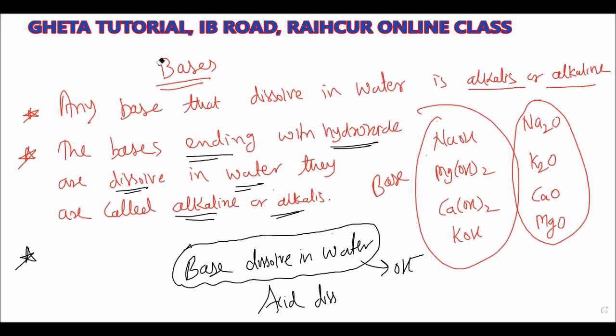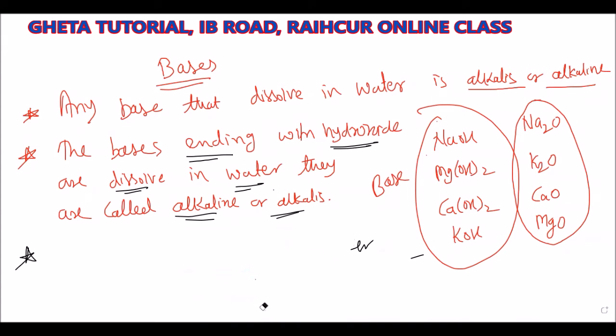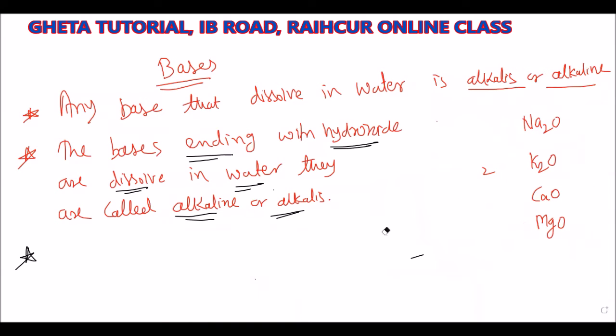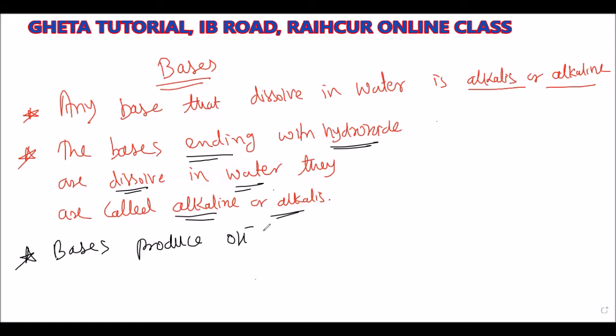When bases dissolve in water, they form what? OH minus ion. Correct. When the bases dissolve in water, they produce OH minus ion. So bases produce OH minus. What is this OH minus called?